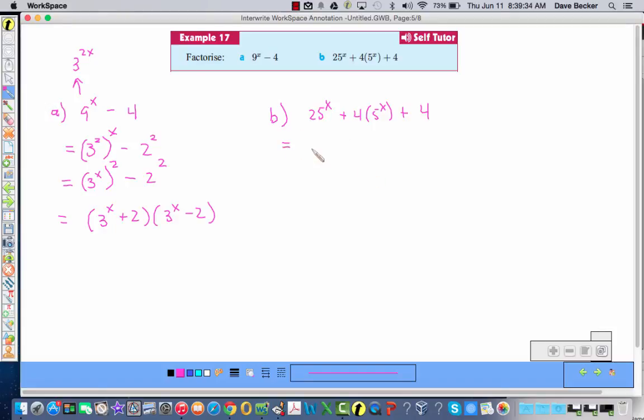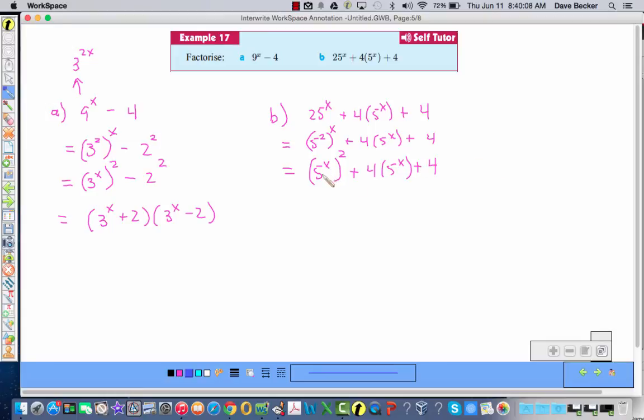Well, 25 to the x I can rewrite as 5 squared to the x plus 4 times 5 to the x plus 4. But I need the x to be, this term isn't squared yet technically, but if I rewrite it like this, like I did before, 5 to the x squared plus 4 times 5 to the x plus 4.